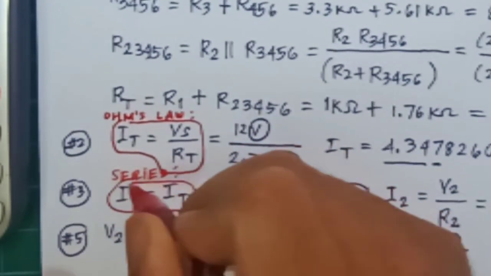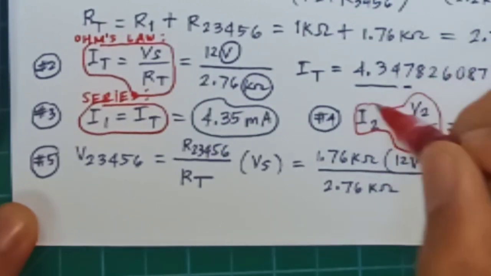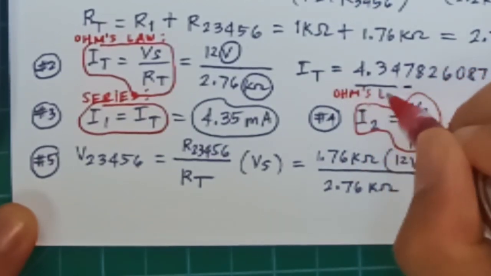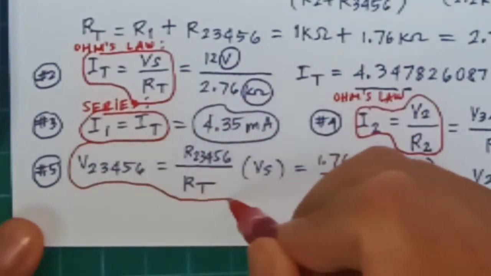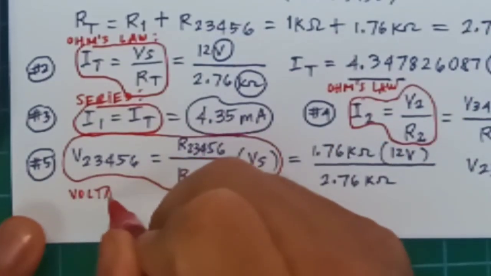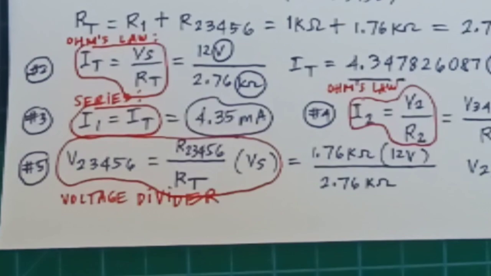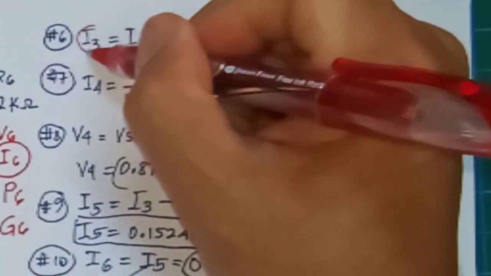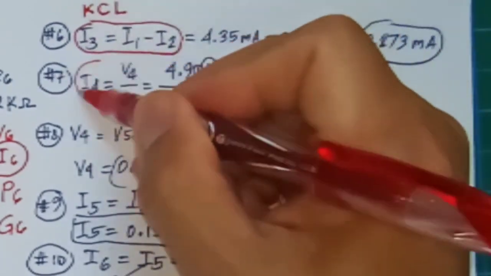That's why we got I1 equals IT, because R1 is in series with the Vs. And here we used Ohm's law. And then we used the voltage divider rule when we calculated V23456, which is equal to V2, which is also equal to V3456. This is following the rule of Kirchhoff's current law.